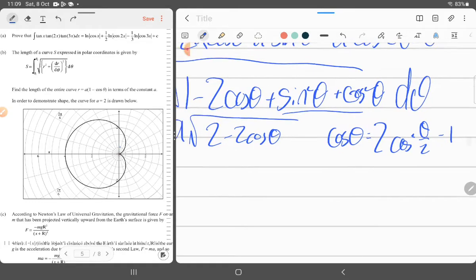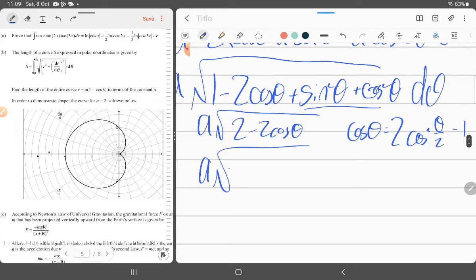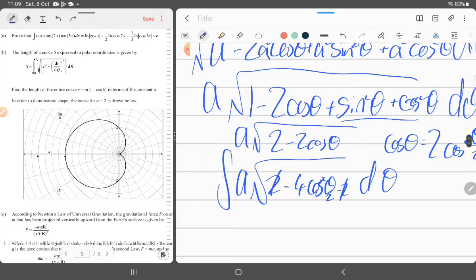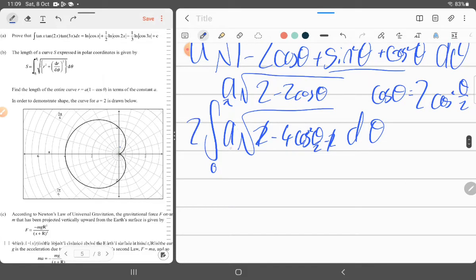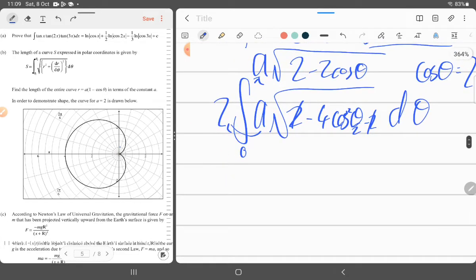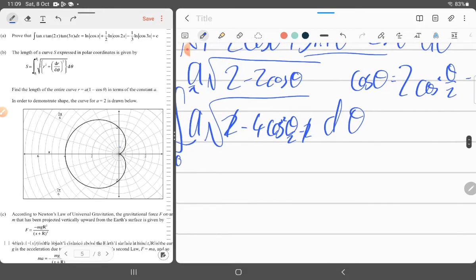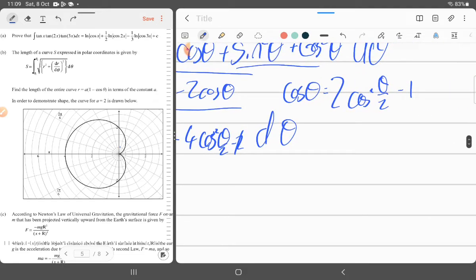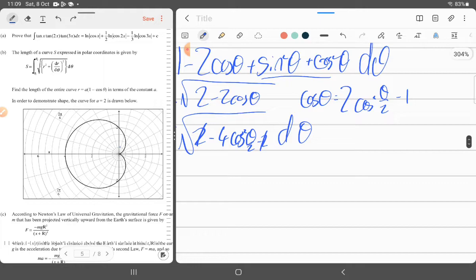And then we have 2 of those, so a square root of take away 4 cosine squared theta over 2 take away 2 cancels d theta. Integral from pi to 0. Actually, we can also take this out as a constant. Wait, what? No, I got square root of negative. No, this is not allowed.